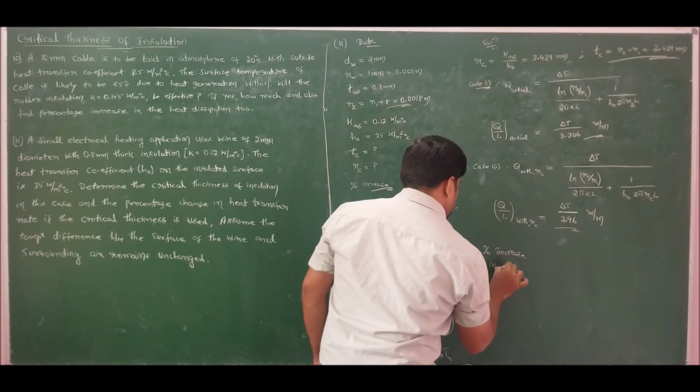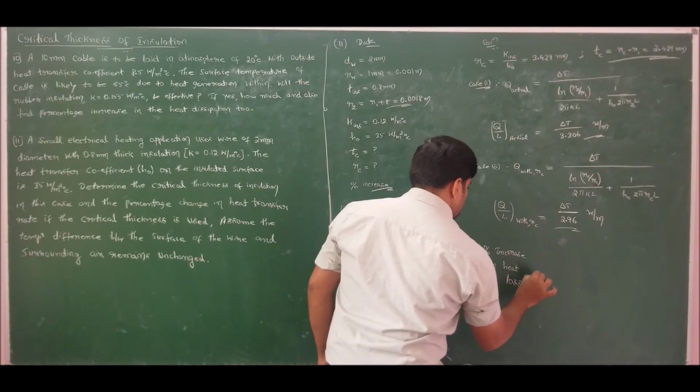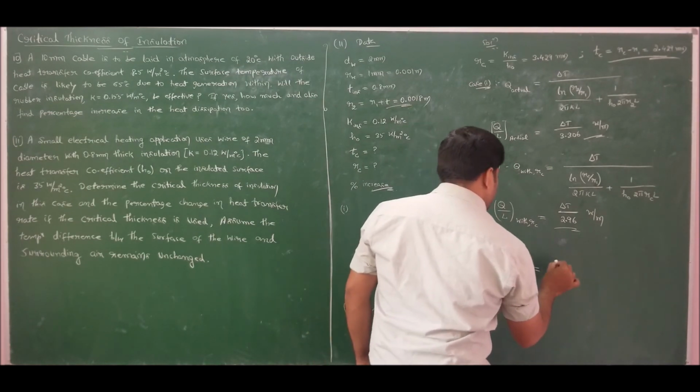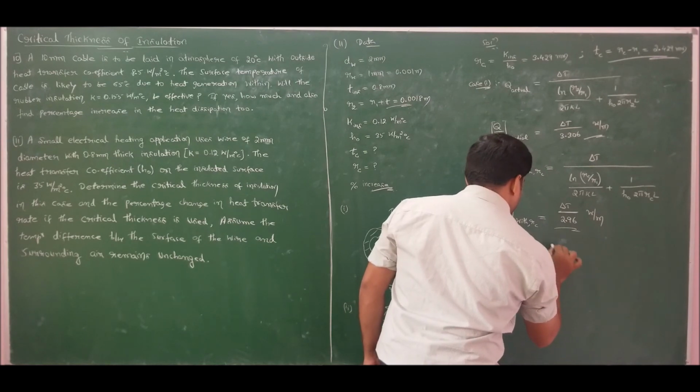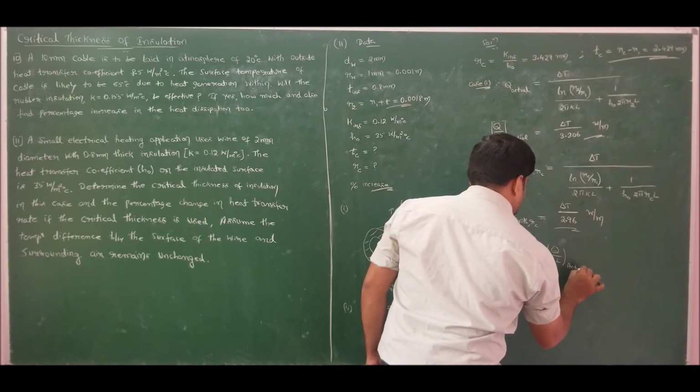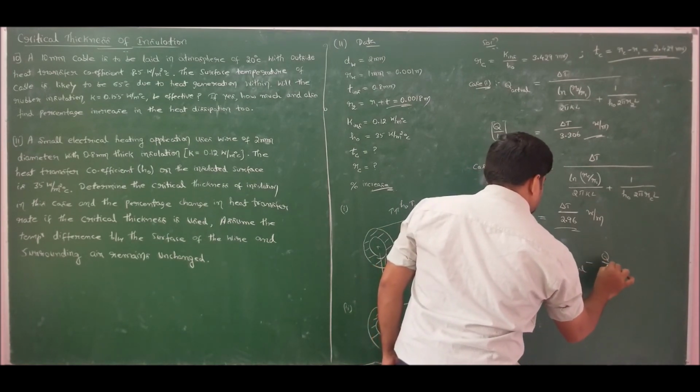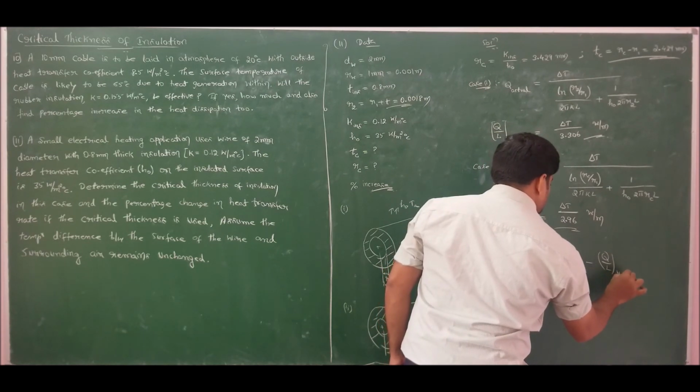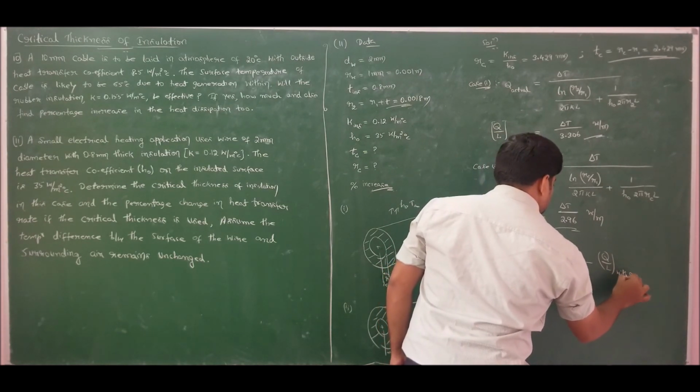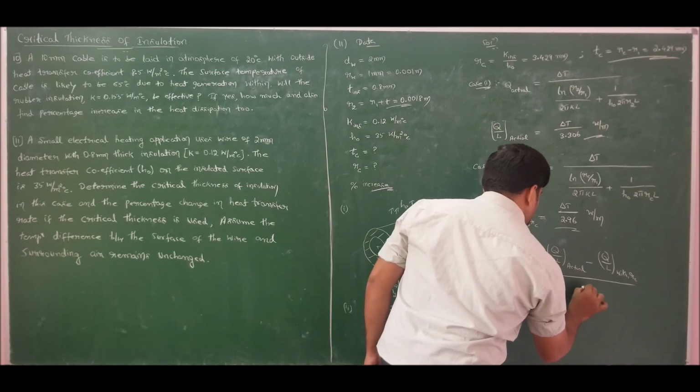So therefore the percentage increase in heat loss will be equal to Q by L with critical radius minus Q by L actual, divided by Q by L actual.